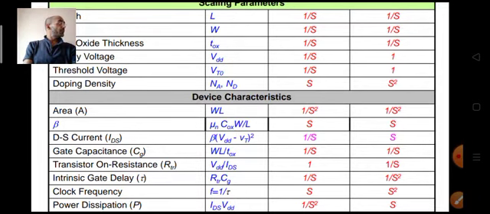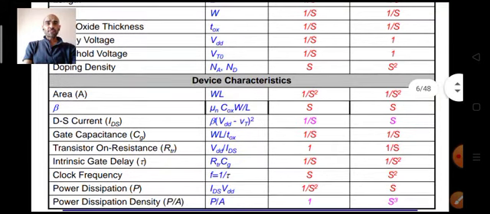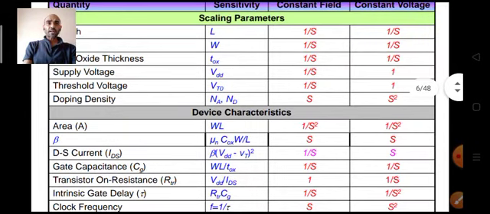Now, about the area: if we reduce width and length both by the factor of s, the new W becomes 1 by s of the previous width, and the new length also becomes 1 by s of the previous length, so the total area is reduced by s square.